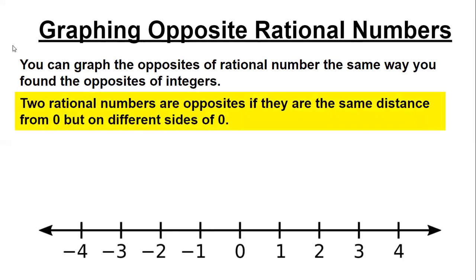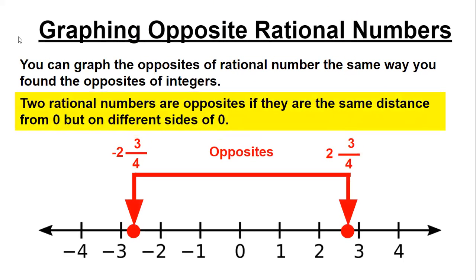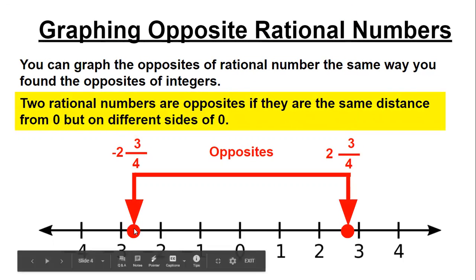Well, two rational numbers are opposites if they are the same distance from 0, but on different sides of 0. So we should know pretty well about opposites at this point. So negative 2 3/4, that's about 3/4 of the way to the next number. We went past the negative 2.